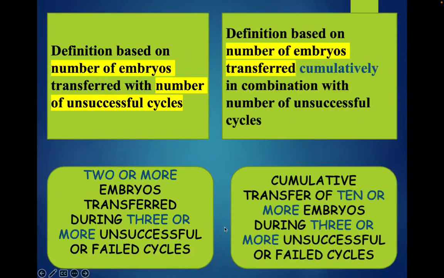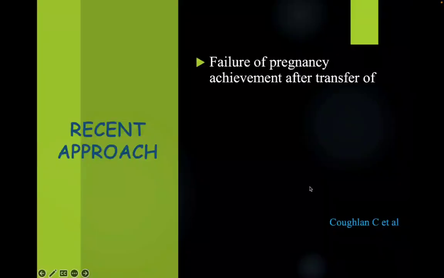So the definition of RIF can be based on the number of embryos or number of unsuccessful cycles, with embryos taken separately or cumulatively, but still these are not very adequate. Finally, a recent approach by Coughlan et al. came into practice.